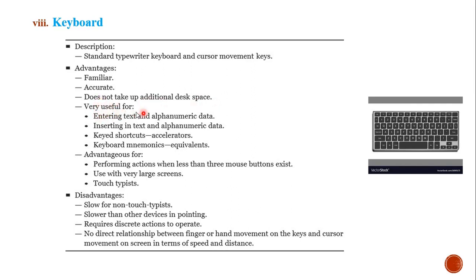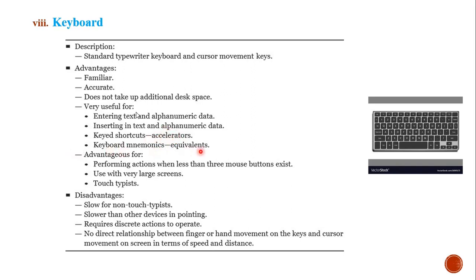It's very useful for entering text and alphanumeric data, and also for keyboard shortcuts and accelerators. You may be using Control V, Control C. All these kinds of shortcuts and also some of the accelerators. You know what accelerators are, as this was discussed earlier.